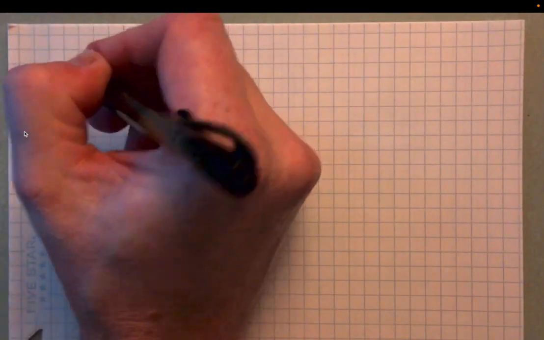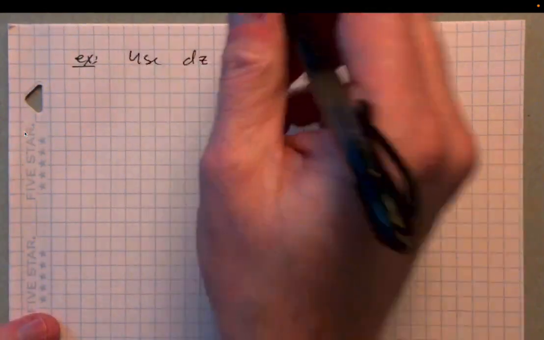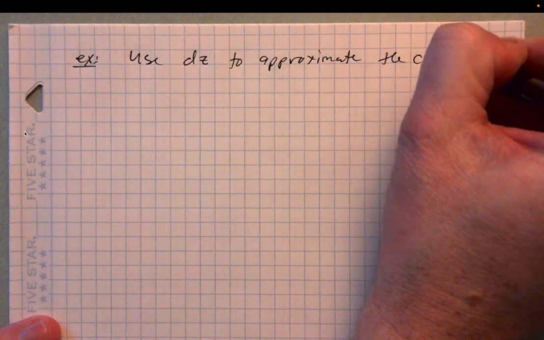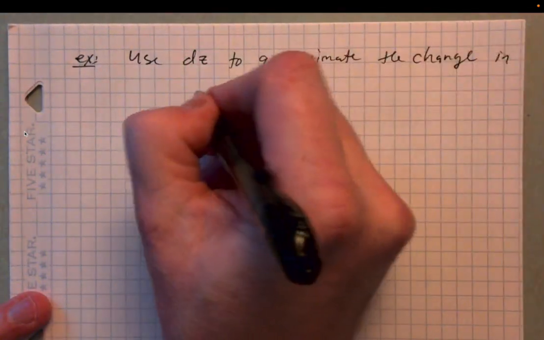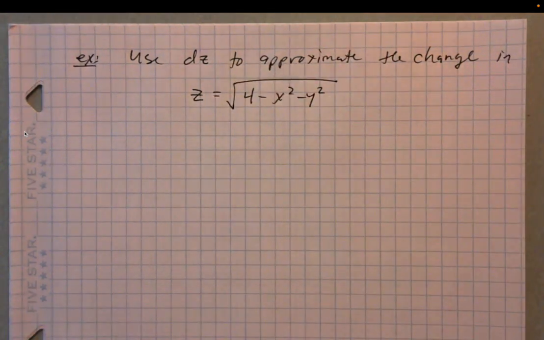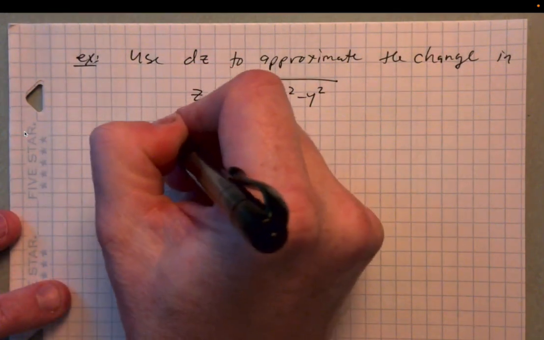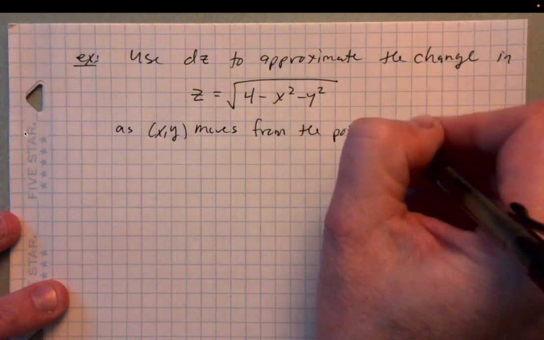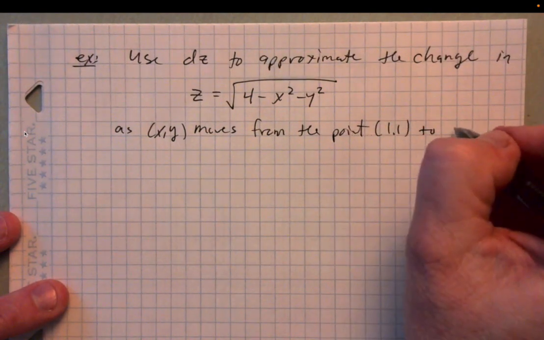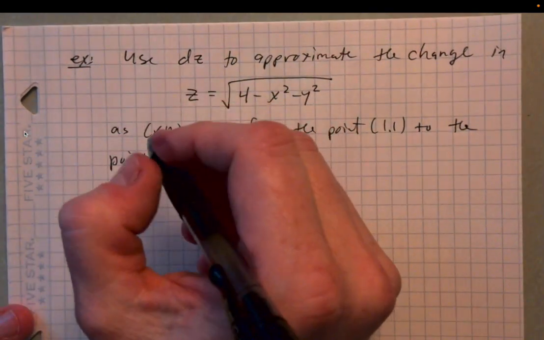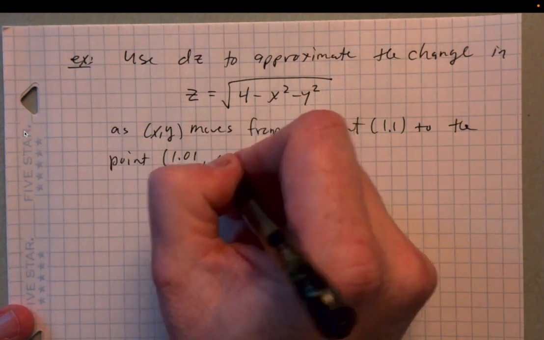All right, so the first example we'll do is let's use dz to approximate the change in the function z equals 4 minus x squared minus y squared, as xy moves from the point 1, 1 to a very close point, 1.01, 0.97.